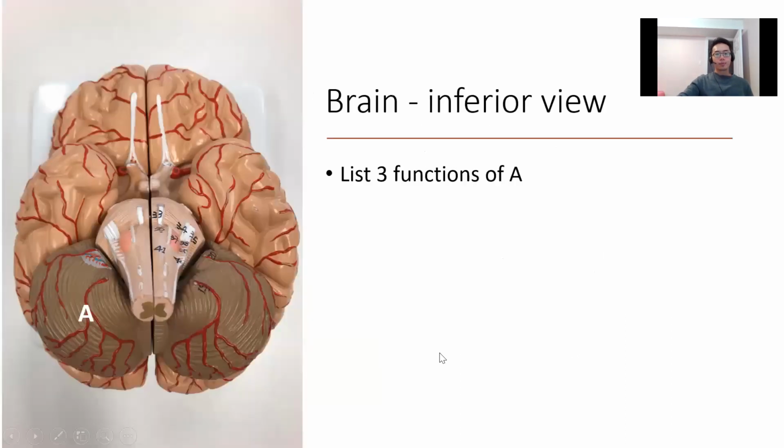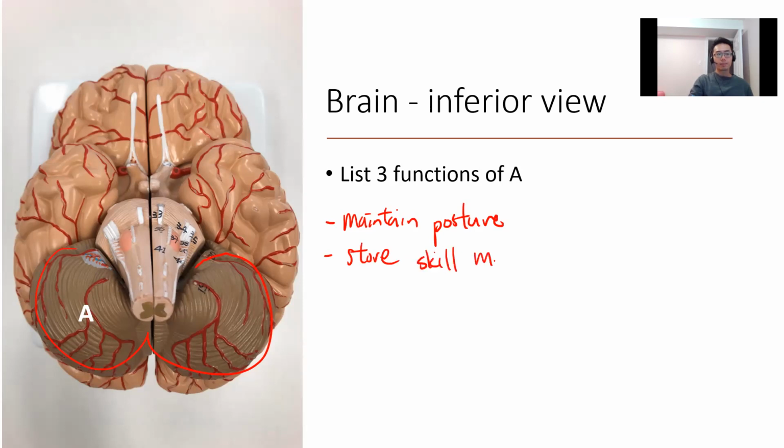Okay, next one. List 3 functions of A. So A is the cerebellum. Yep. The functions: maintain posture, store skilled memories, coordinate movements.